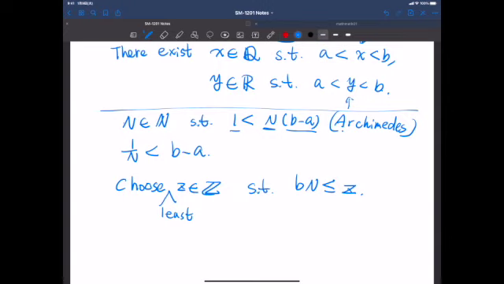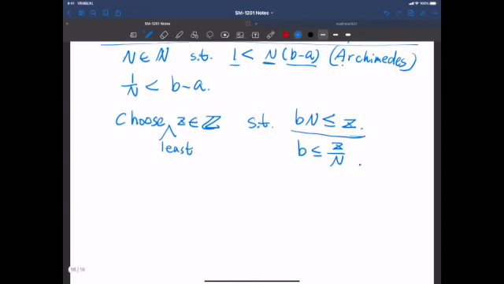Okay. b times n is some number, so we can always find the minimum or the least integer that satisfies this inequality. Okay, so this means b is less than or equal to z divided by n.